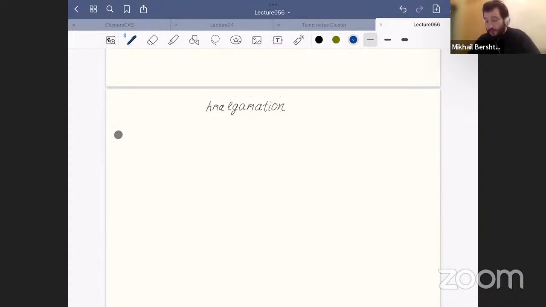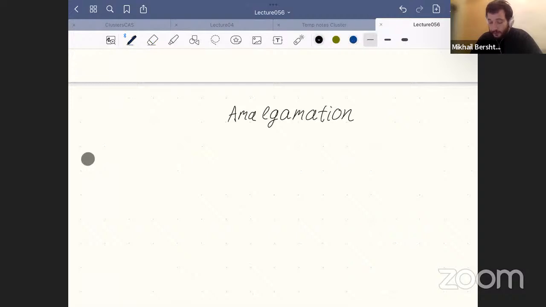Suppose we have one seed. Now I'll write the seed in a bit different, more formal manner. A seed will consist of the following.